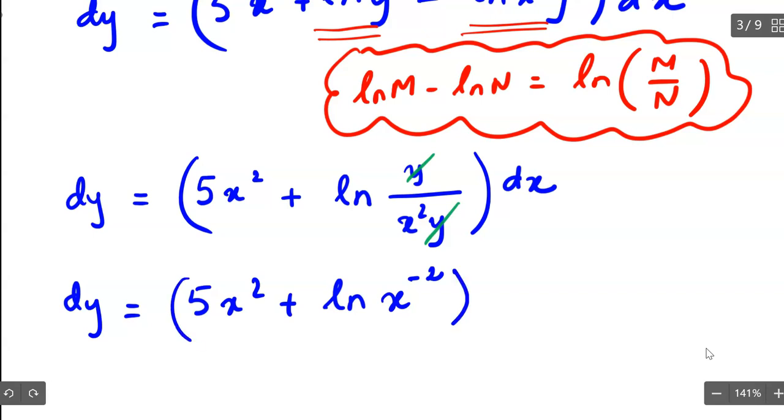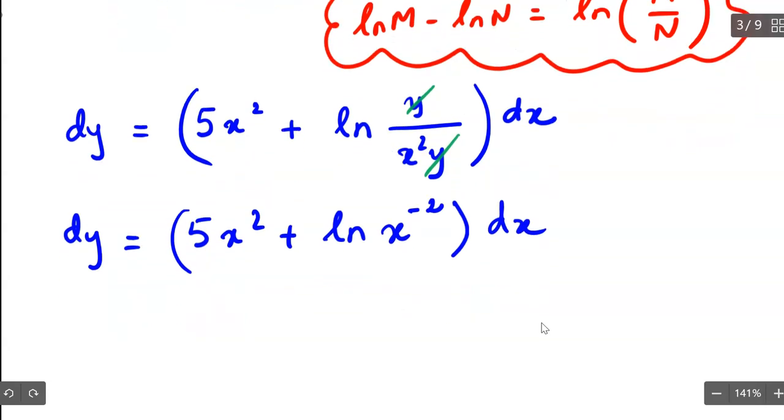Okay, because it's ln of 1 over x squared, so I bring it up to make that into the exponent of minus 2. So I can write this as ln of x to the minus 2.